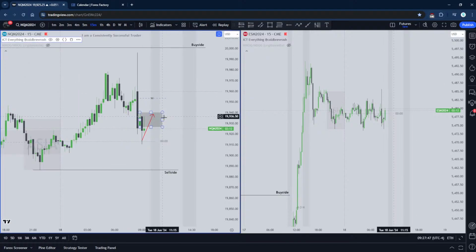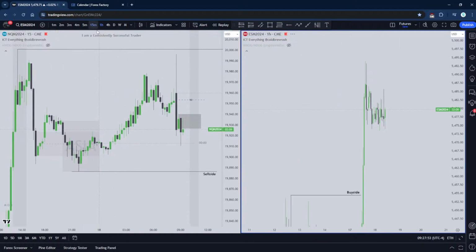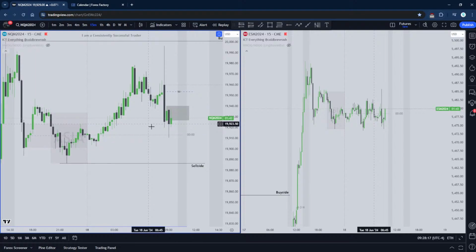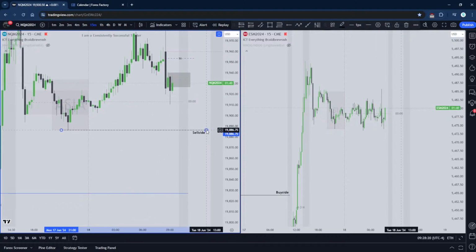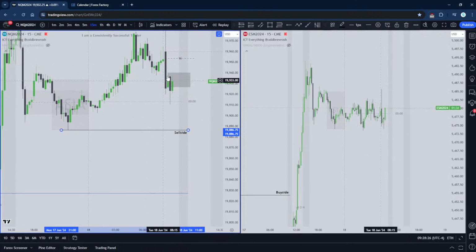Otherwise there's no sell. I have to stay consistent with that. Only thing maybe that might save, no, see, there's no, I mean technically it is like a balanced price range, but I want a fair value gap BPR. We just gotta wait. But it's okay because we haven't got news at 10, so we can take any trades that present itself sort of at 9:30 if we get anything.